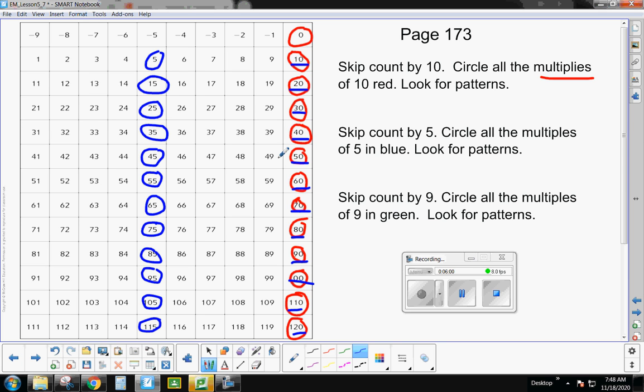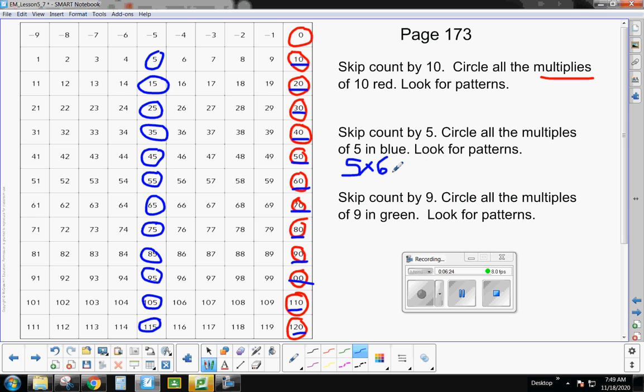But we also learned earlier this year that when you're multiplying by 5, another trick is to pretend you're multiplying by 10, but then just cut that in half. So for example, if I have 5 times 6, I know that 10 times 6 is 60, right? And multiplying by 5 would just be half of that.